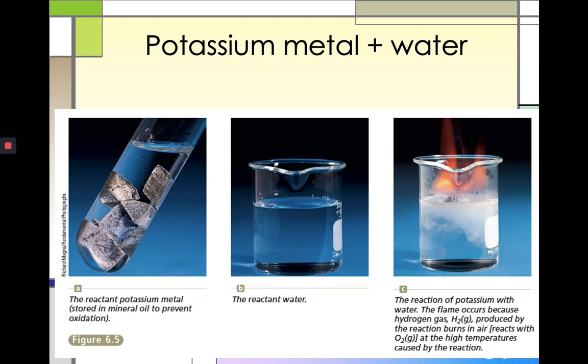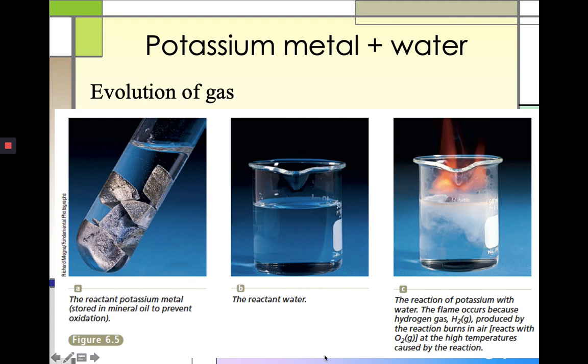So in here I have the illustration of the reaction of potassium metal with water. Elemental potassium is a very reactive metal, especially when it is exposed to water. This shows us the reaction of potassium with water where the flame occurs because hydrogen gas, H2, was produced by the reaction, and the hydrogen gas burns in air, or it reacts with oxygen gas at high temperatures caused by the reaction.